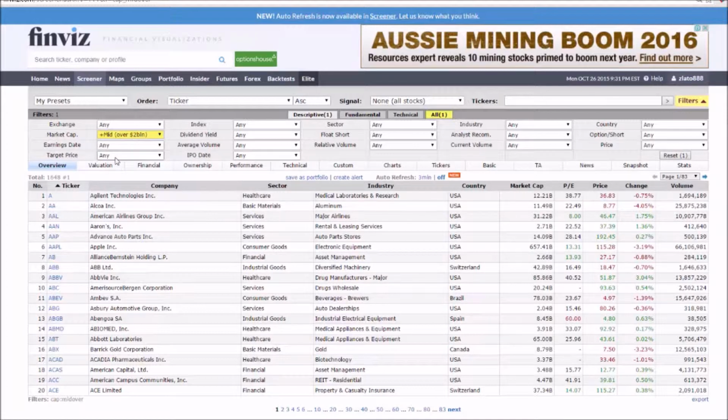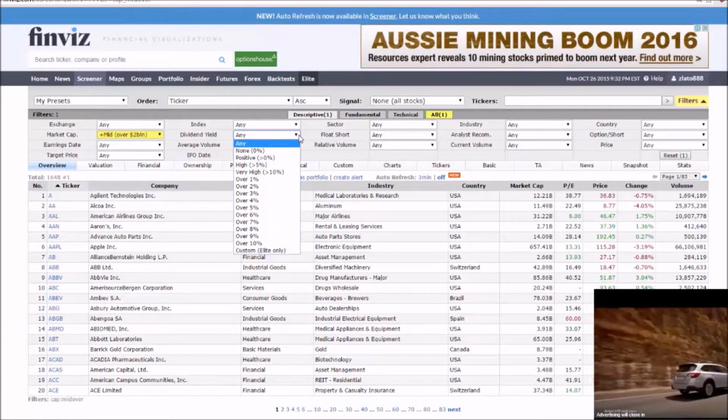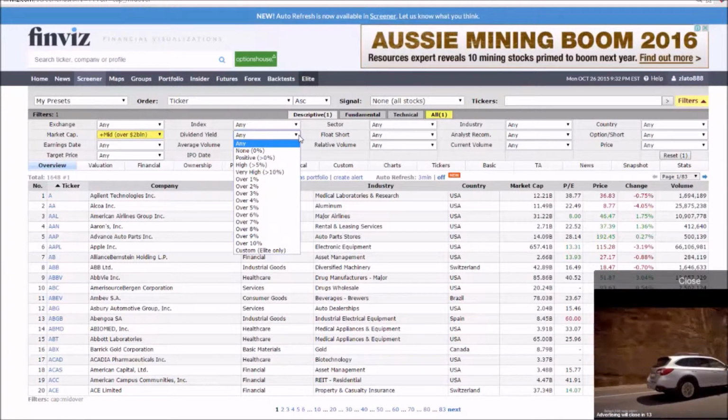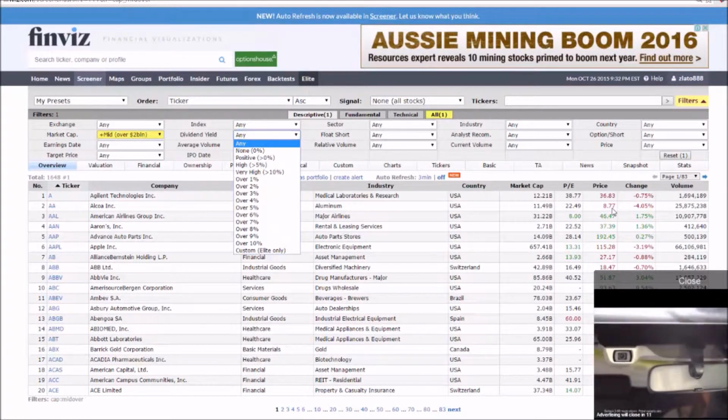Then target price, earning dates, I don't look at here, dividend yield. Now, dividend yield, okay, you're saying that you would like to have growing dividends. Unfortunately, in this particular area, we cannot see that, but you can research it further at a later stage.